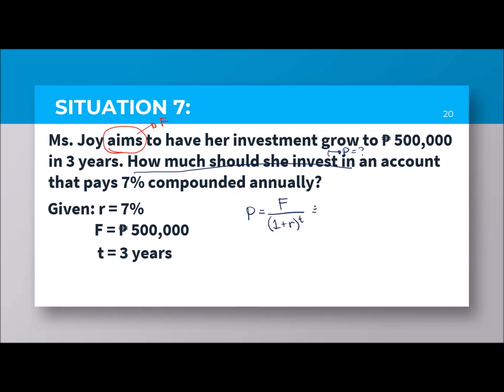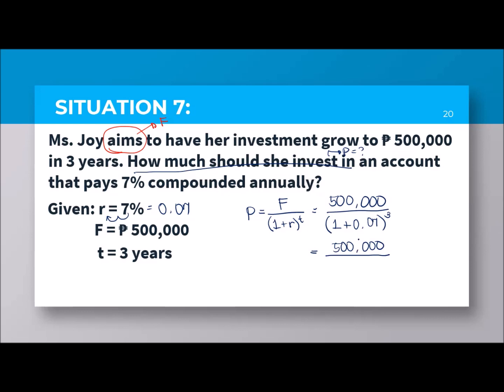As simple as that. So, ang future value natin is 500,000 pesos over the quantity 1 plus 7%, change it into decimal, that is 0.07. And then, ang time natin is 3. Okay? So, 500,000. Simplify nyo muna yung denominator.